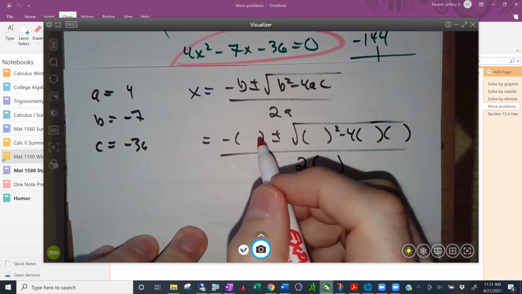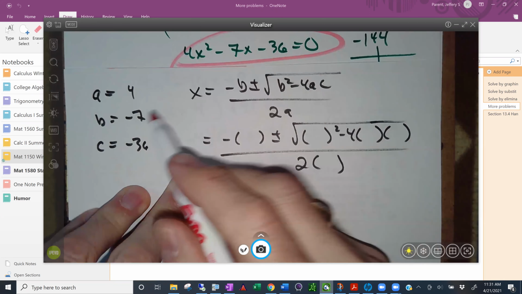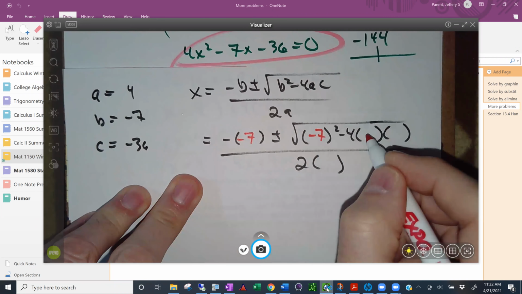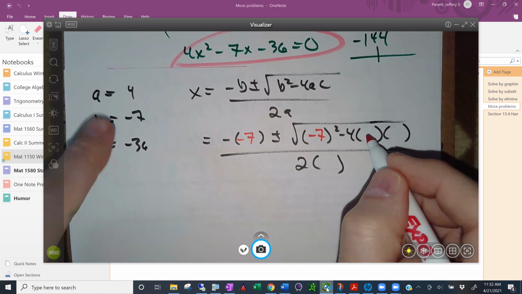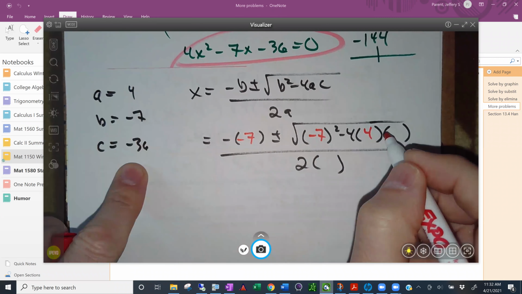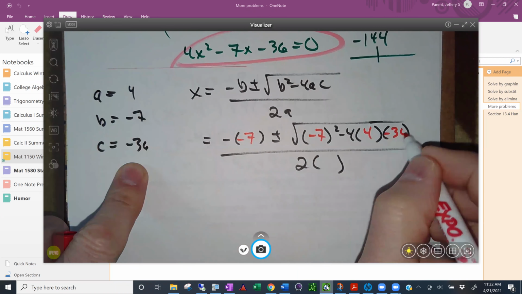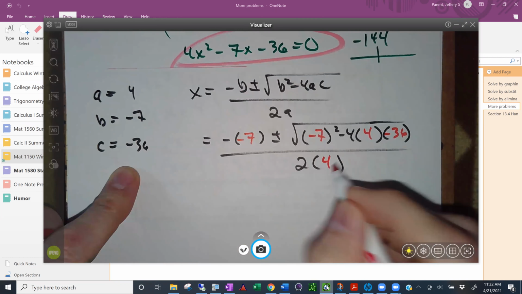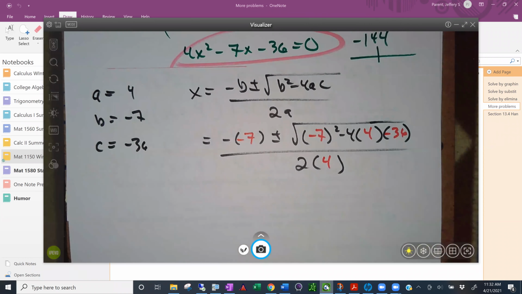All right. So negative of -7, plus or minus the square root of -7 squared minus 4 times a, which is 4, times -36, over 2 times a, which is 4. Oh, it's going to be kind of messy here.